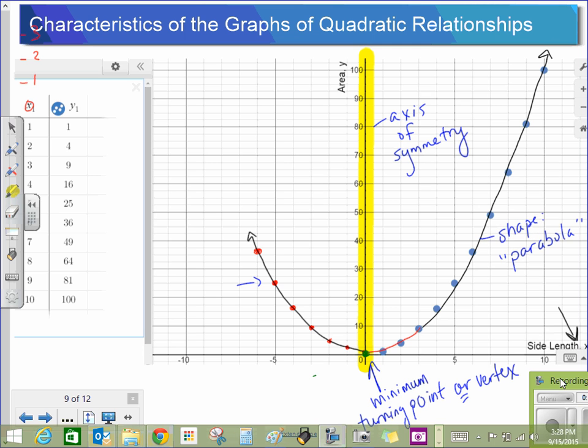At this point we have an intersection not only with the y-axis, but with the x-axis.